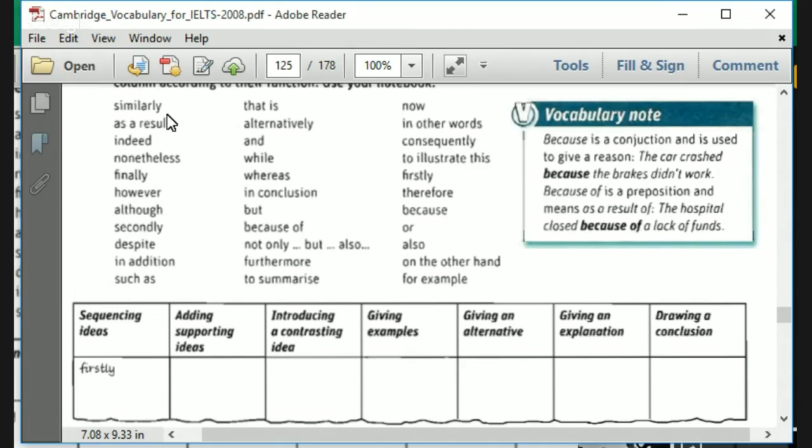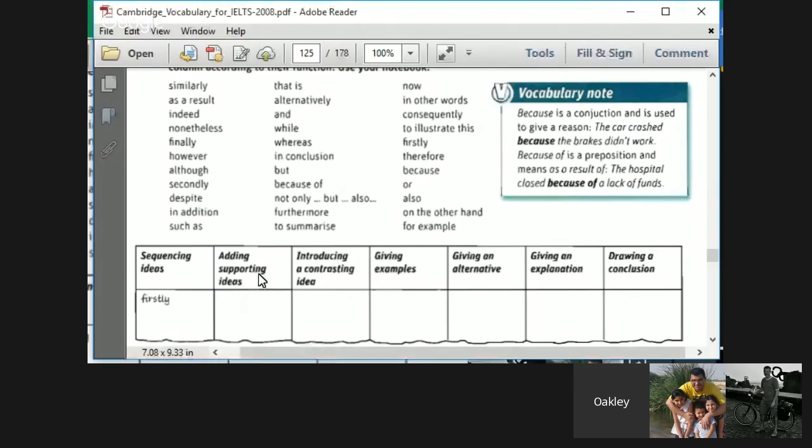Similarly, yeah. Similarly, I think that it could be adding supporting ideas, could be this column, but maybe could be giving examples. Well, if you're giving a similar example, obviously, silly me, you're right. So some of these may be used for different things.